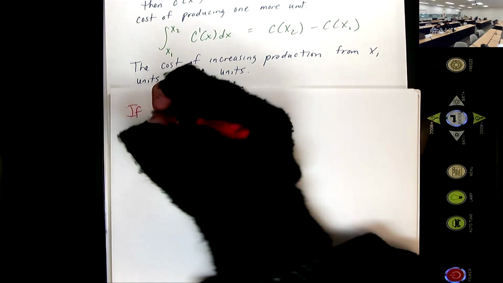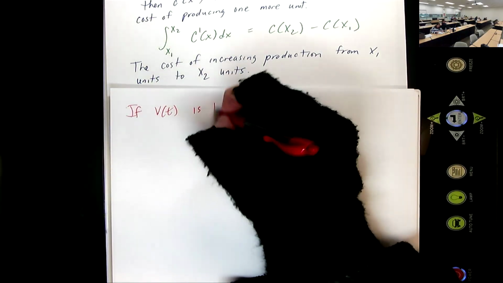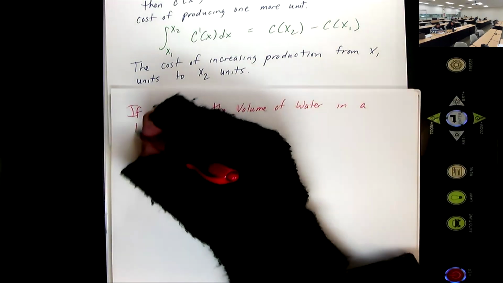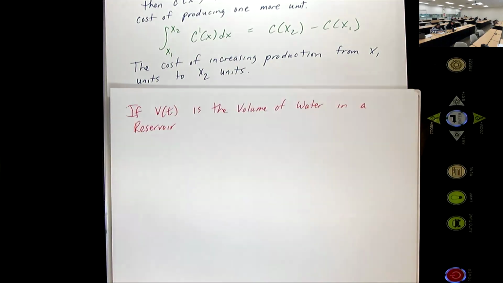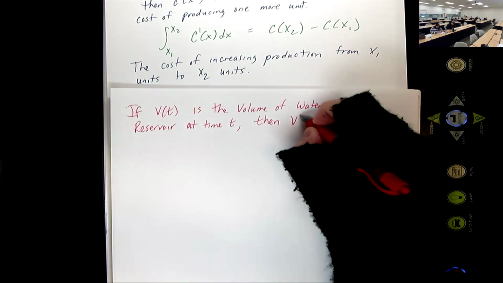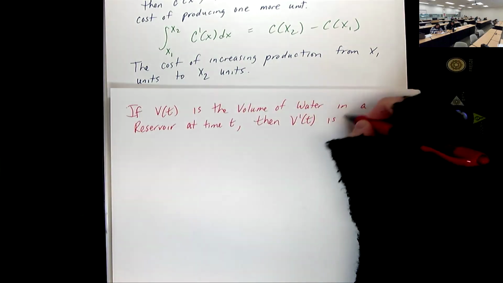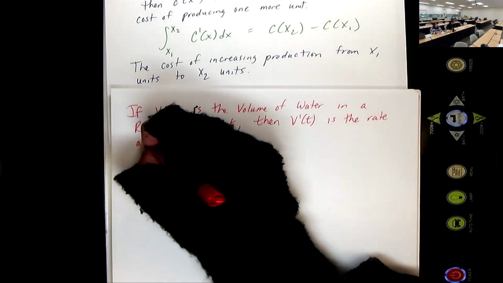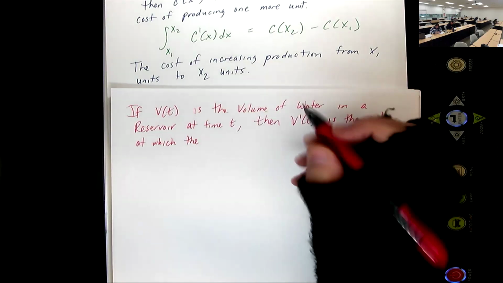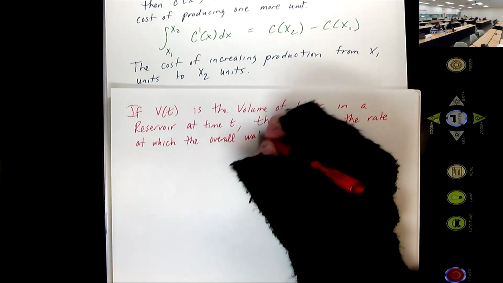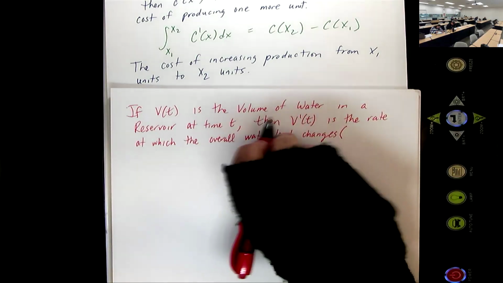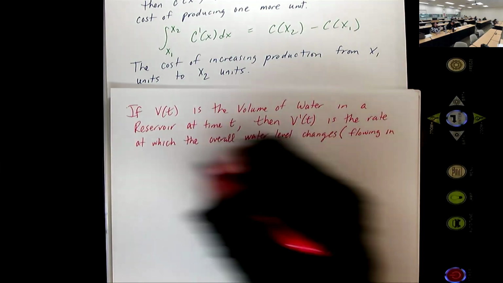If V of t is the volume of water in a reservoir at time t, then V prime of t is the rate at which the overall water level changes, either by flowing in and or flowing out.